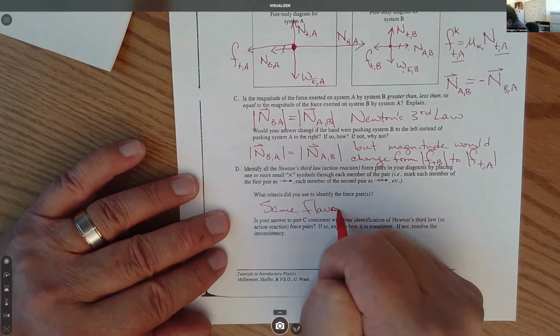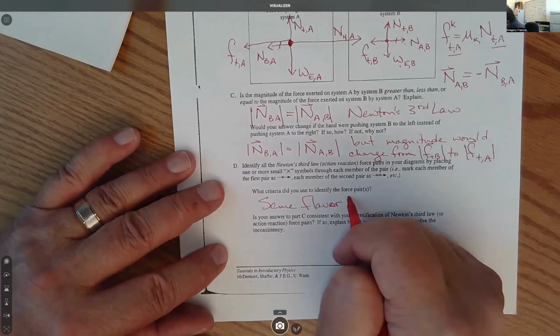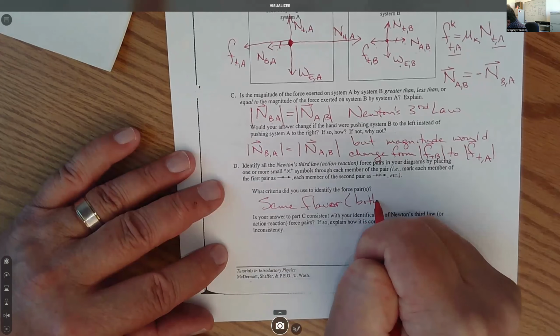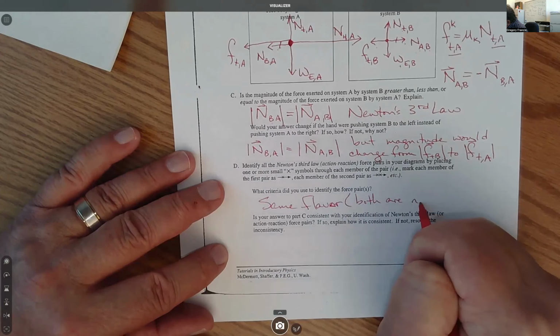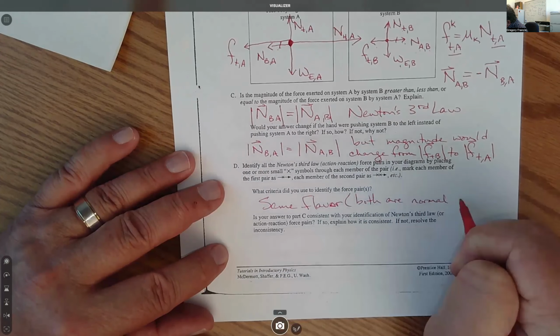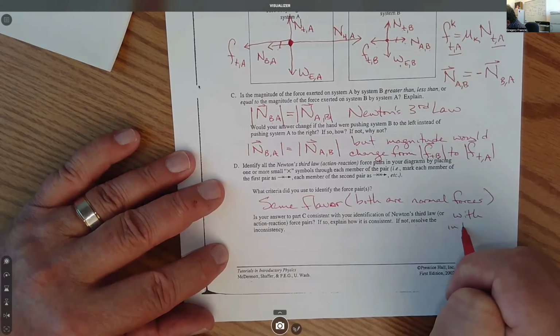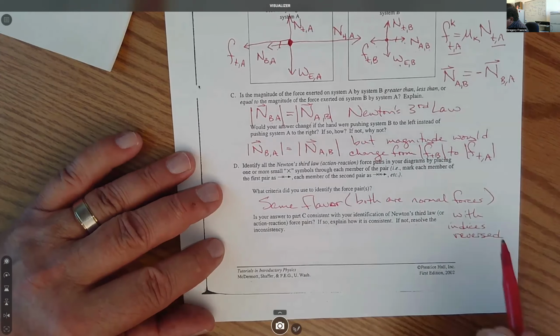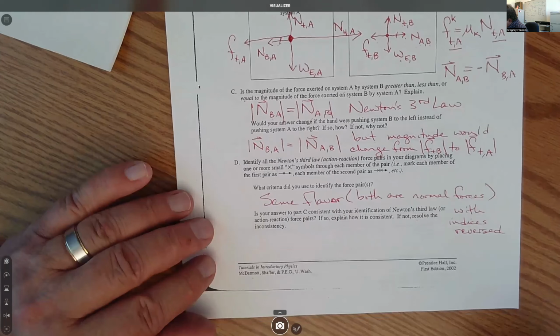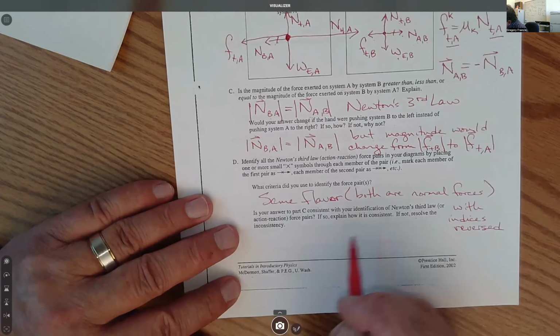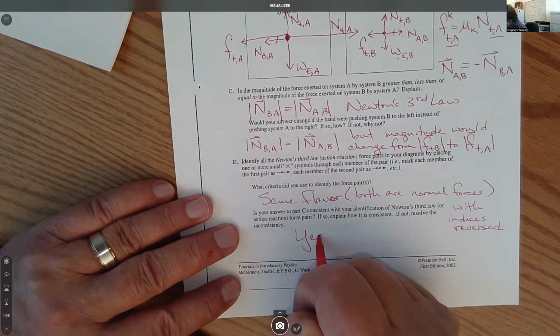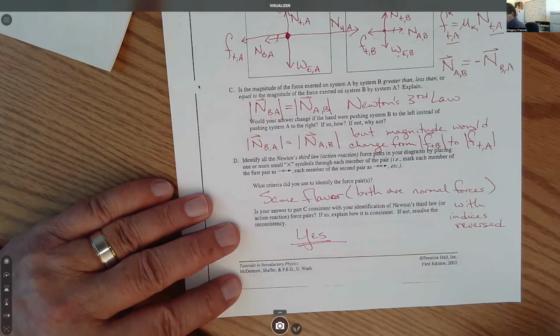Flavor was spelled with an O. By that I mean both are normal forces, with indices reversed. Okay, instead of A on B, it's B on A. And my answers are consistent because they're right.